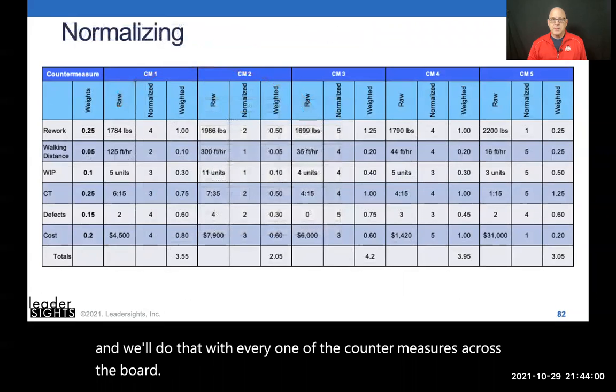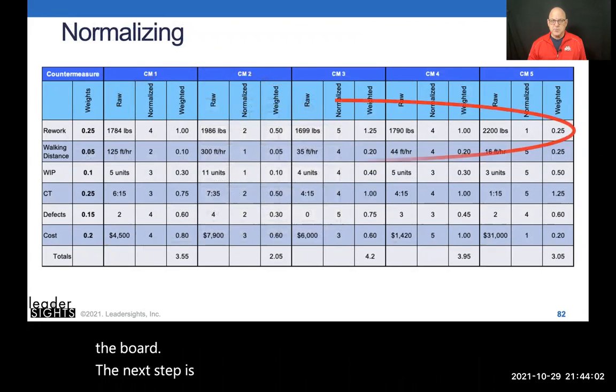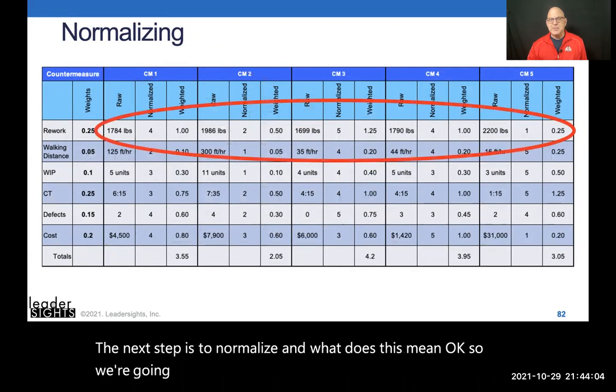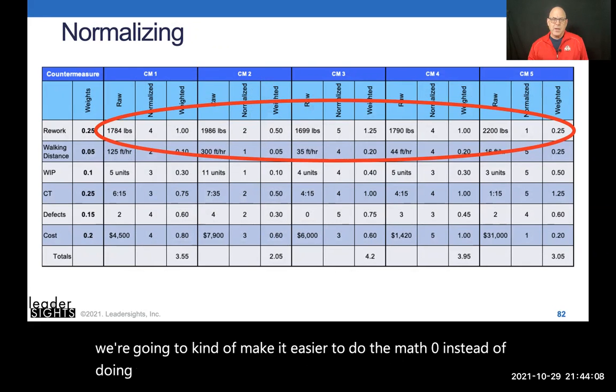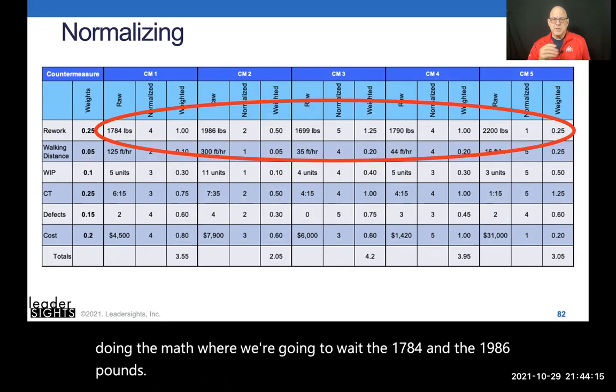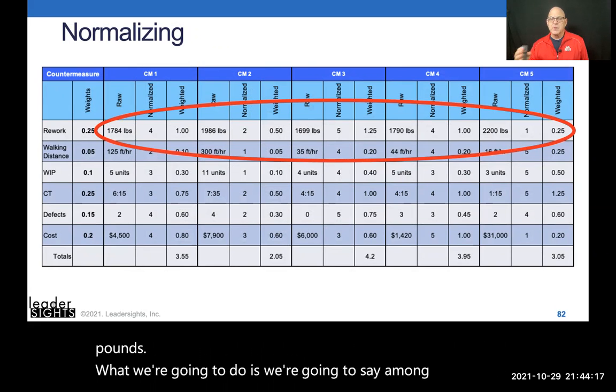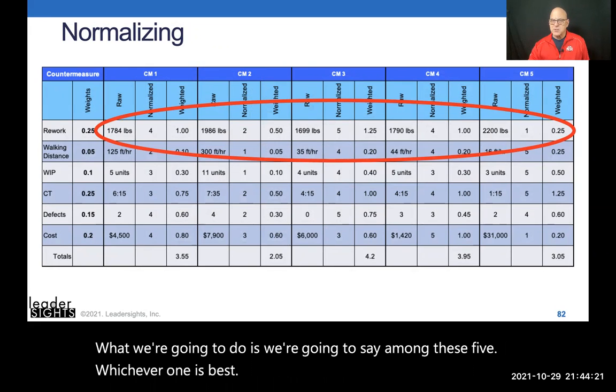The next step is to normalize. Well, what does this mean? We're going to make it easier to do the math. So instead of doing the math where we're going to weight the 1,784 and the 1,986 pounds, we're going to say among these 5, whichever one is best gets the highest score.